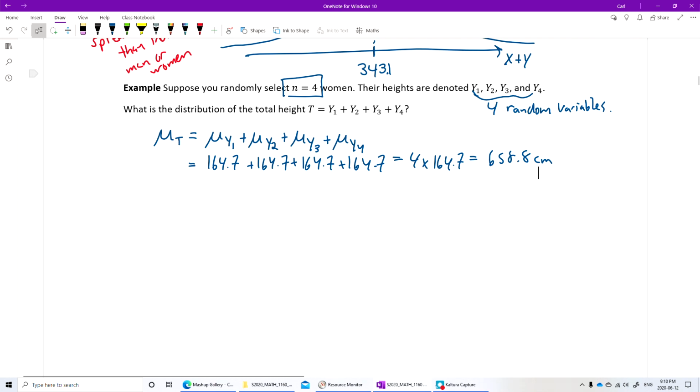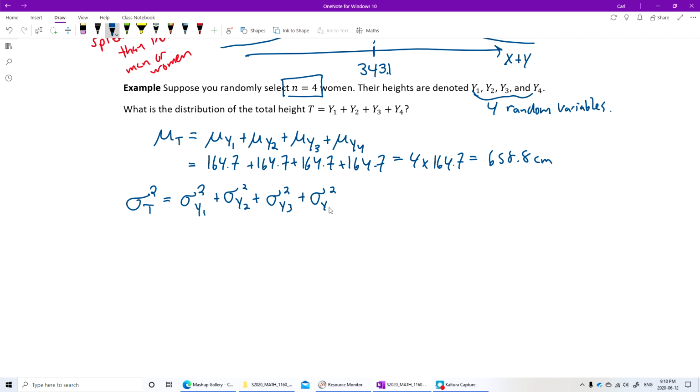And I'm sure that that makes quite a lot of sense to you. And what about the variance? Sigma squared for the total. We just have to stick to what we learned last time. If I add up a bunch of random variables, then I will also add up the variance for all of those variables to get the variance of the total. So it's going to be the variance of y1 plus the variance of y2 plus the variance of y3, of y4. And these are all the same. They're all 7.1 squared.